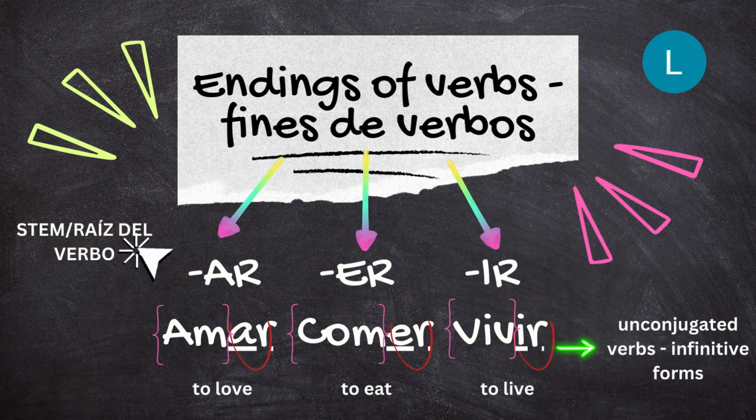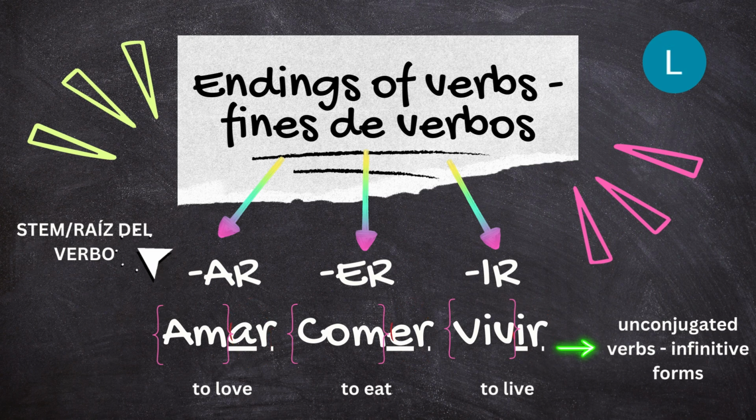Now, whatever is not the end of the verb, meaning it's not AR, it's not ER, and it's not IR, we call that the stem. Or in Spanish, we say raíz del verbo. That is the stem.